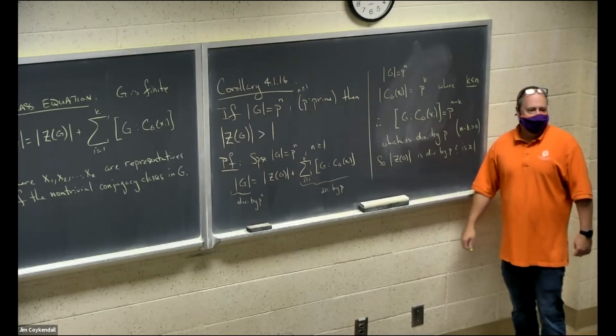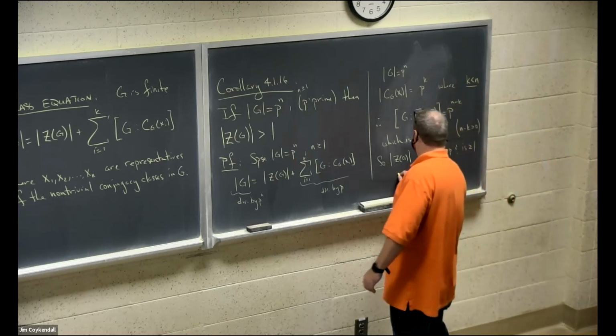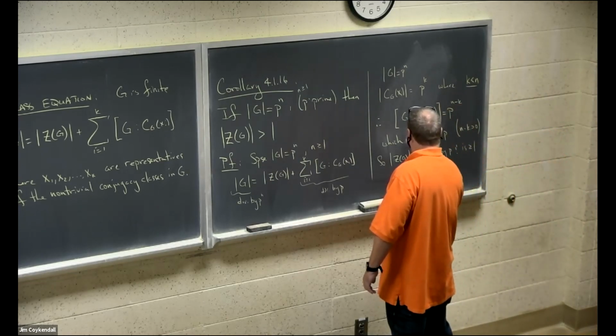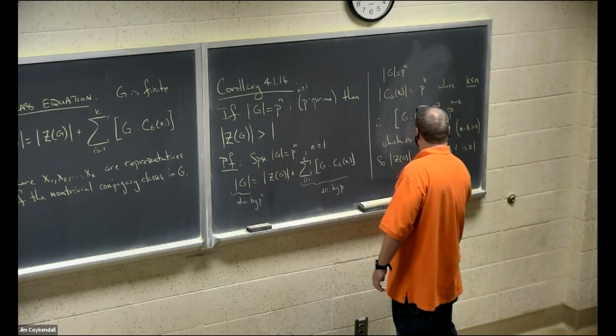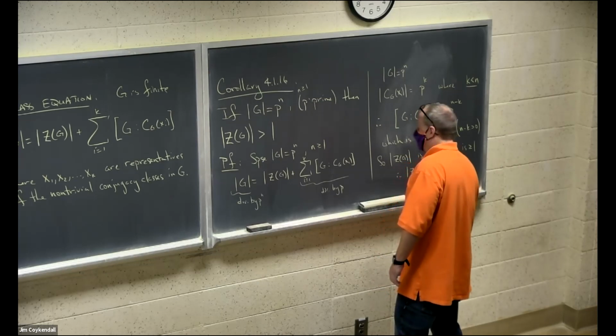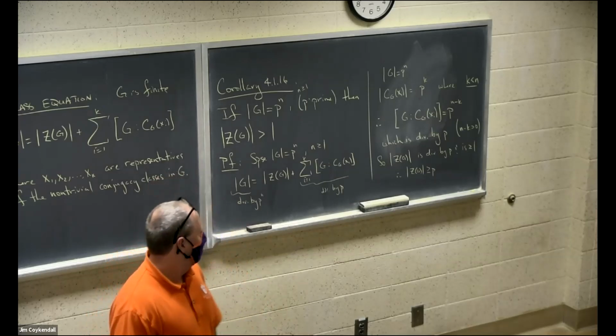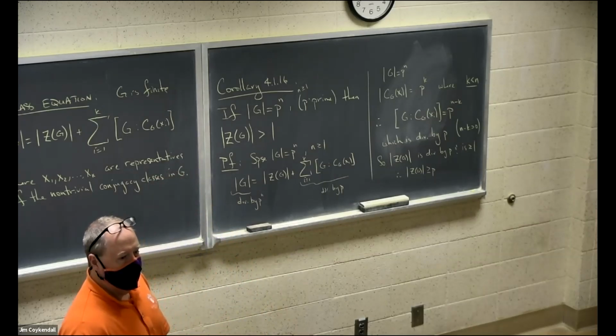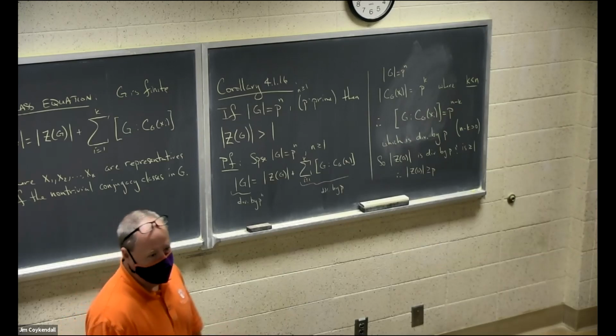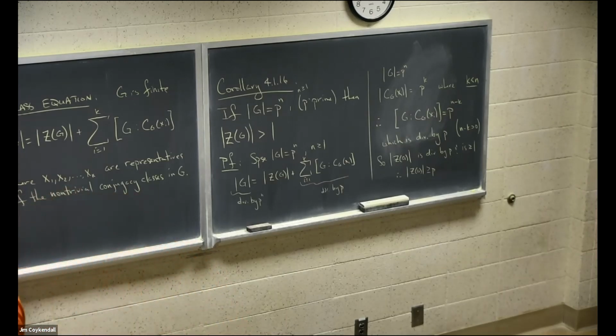But it's divisible by P. Therefore, the order of the center is in fact at least P. So in fact, you are guaranteed at least P minus 1 elements other than the identity that commute with everything. Okay. Any questions?